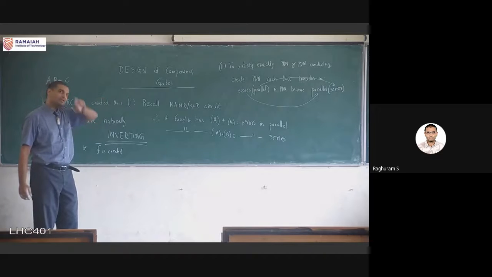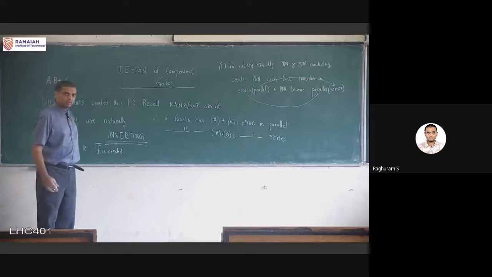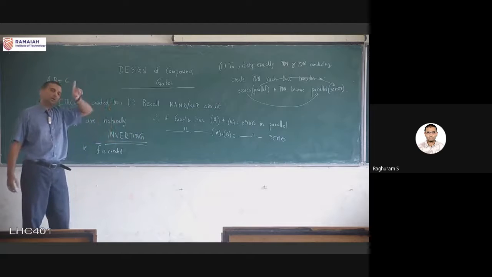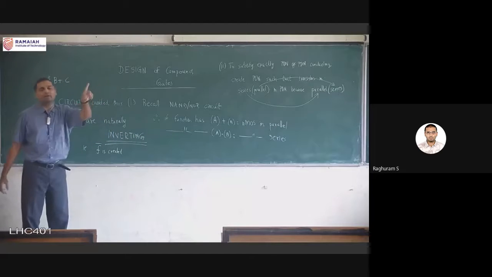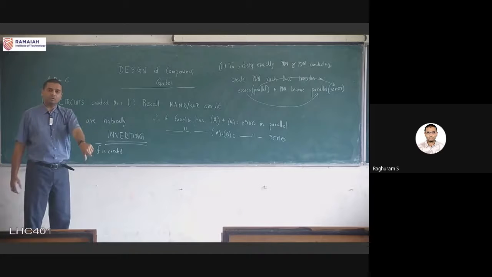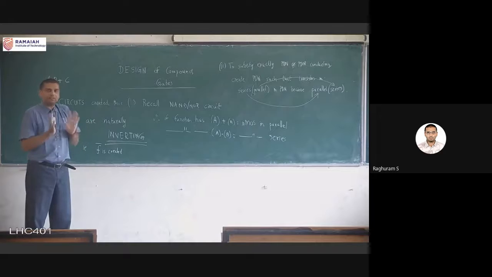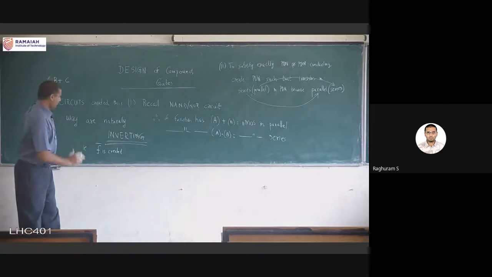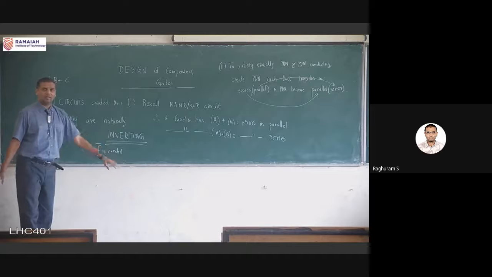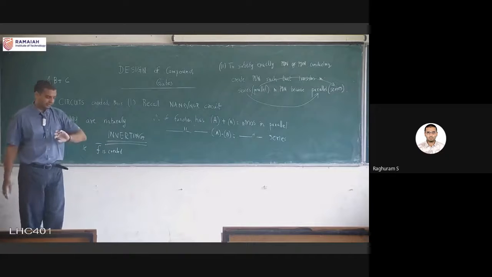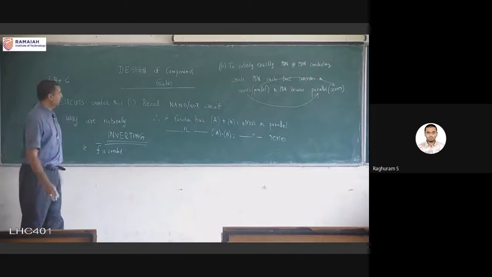Similarly, we got a plus b the whole bar. So whatever steps we are doing here, we will get the complement of that function. Beyond that, if you want to go, you have to add an inverter. If you already have the complemented form, then you can stop there. So this is very important to remember. We will again mention this in the examples also. I think the recording would have stopped by now, so we will also stop.